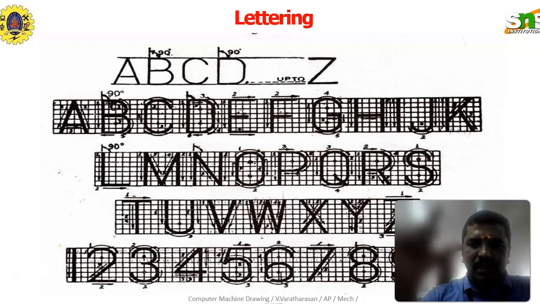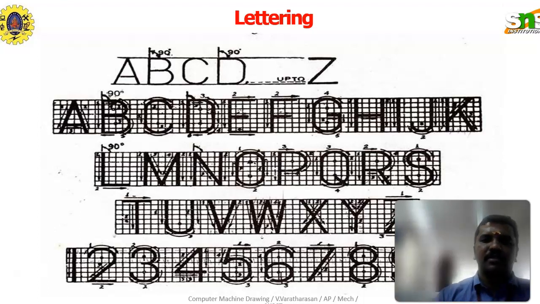Whatever the different cases of letters, we write them in a very legible, neat manner. Then only whoever studies the drawing sheet can easily identify and understand what is represented in the diagram. So lettering plays a very important role in the drawing subject.